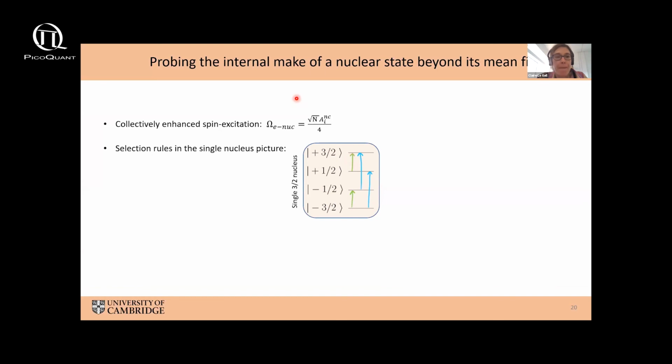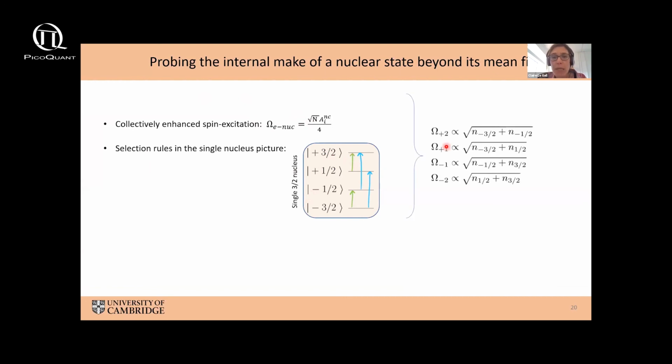Until now, I've told you about collective enhancement, this root N enhancement if you have a many-body system. I've also told you a bit about the selection rules of our magnons if you're in the single nucleus picture.